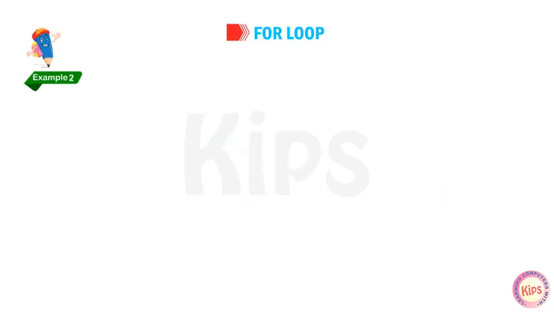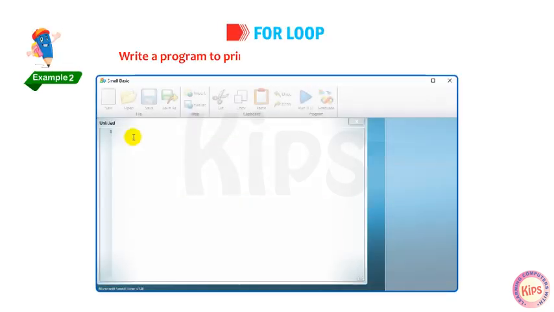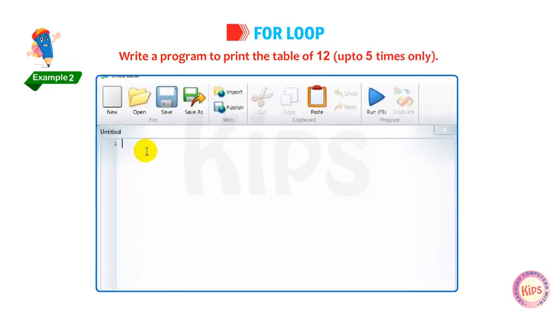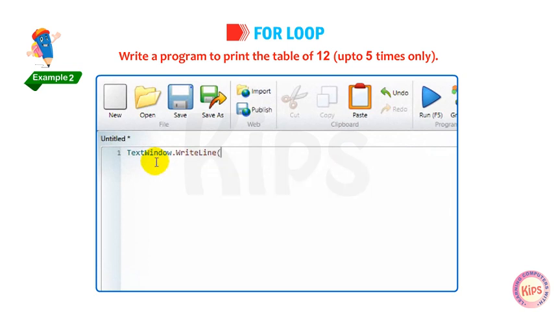Example. Write a program to print the table of 12 up to 5 times only. TextWindow.WriteLine("Table of 12"), Number = 12.